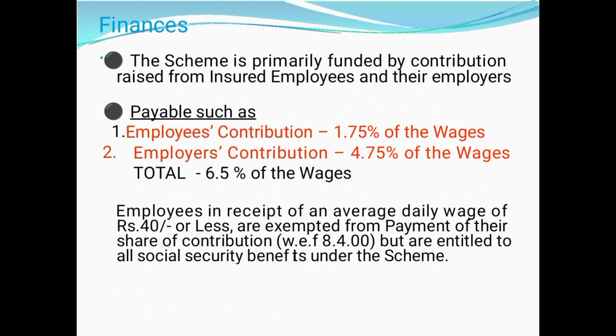Finances. The scheme is primarily funded by contributions raised from insured employees and their employers. Payable contributions are as follows: the employees' contribution is 1.75 percent of the wages, the employers' contribution is 4.75 percent of the wages, and the total is 6.5 percent of the wages.